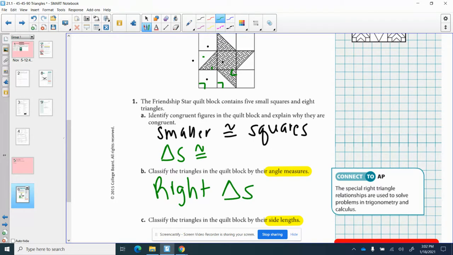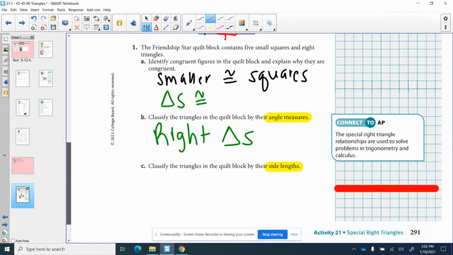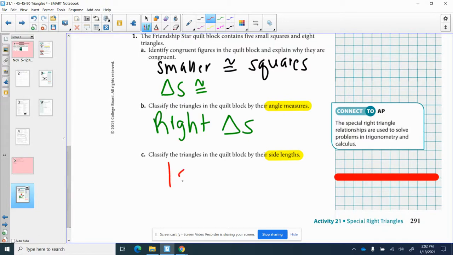And because all 4 sides of our square are congruent, the 2 legs of our right triangle are congruent, so it would be isosceles.